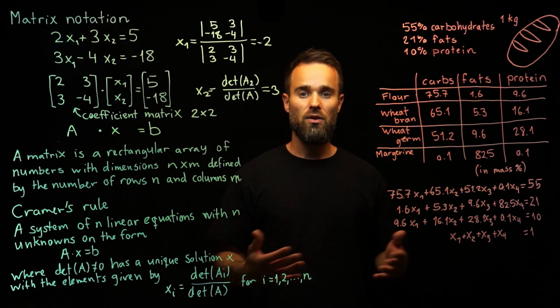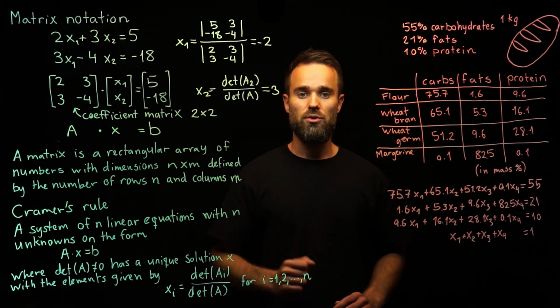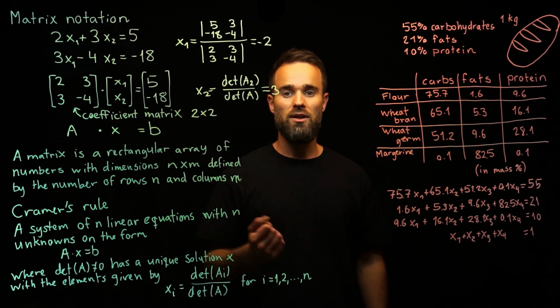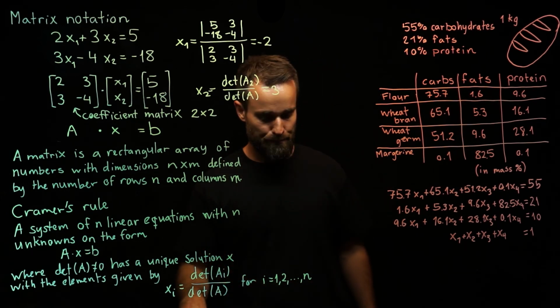We can calculate all the unknowns using Cramer's rule. For example, x1 is given by this fraction.